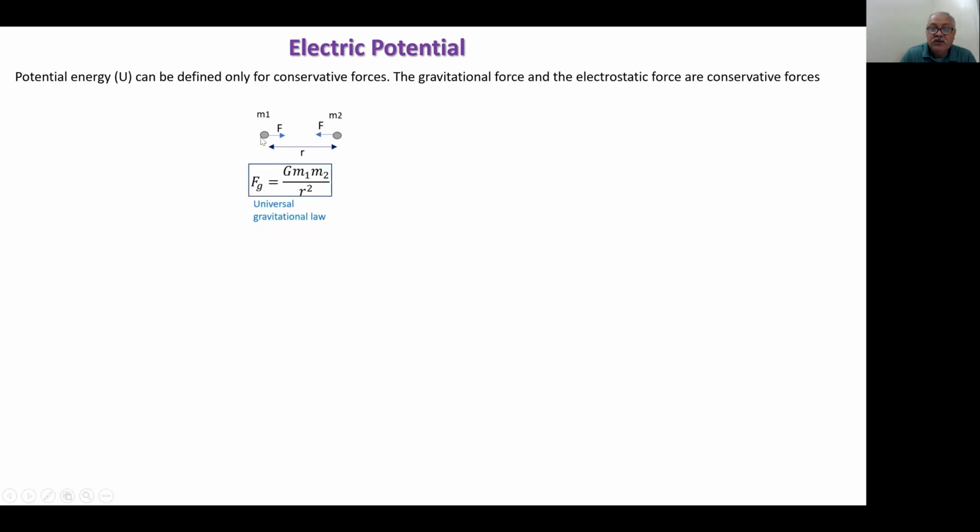That the force between these two objects is equal to a constant G, the universal gravitational constant, times m1 times m2 divided by the distance between the two masses squared. Correct, this is the universal gravitational law from Isaac Newton. Okay, as you can see, this is very similar to Coulomb's law when we have 2-point charges. This is for 2-point masses.